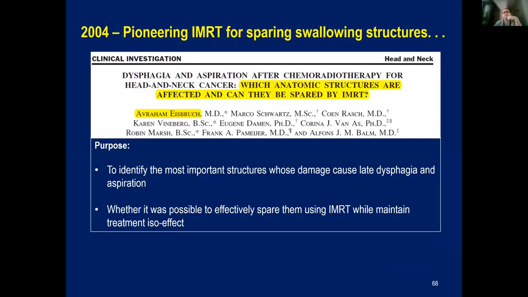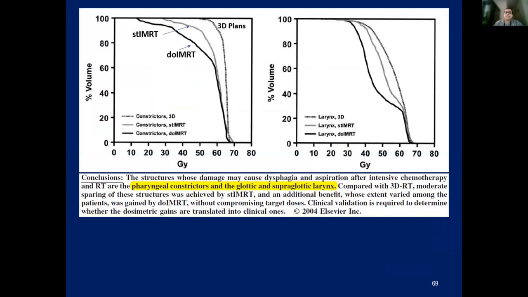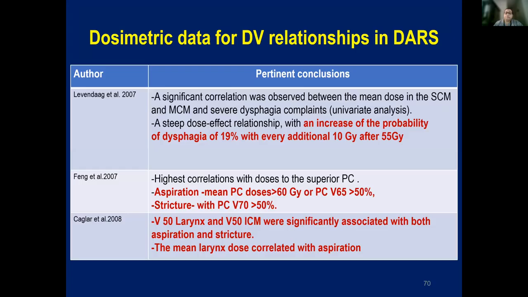So the pioneering work to establish the role of IMRT for protection of DARS structures was done by Eisbruch, and they clearly identified that the pharyngeal constrictors, the glottis and the supraglottic larynx were involved in the dysphagia aspiration related structure abnormalities seen post radiotherapy.